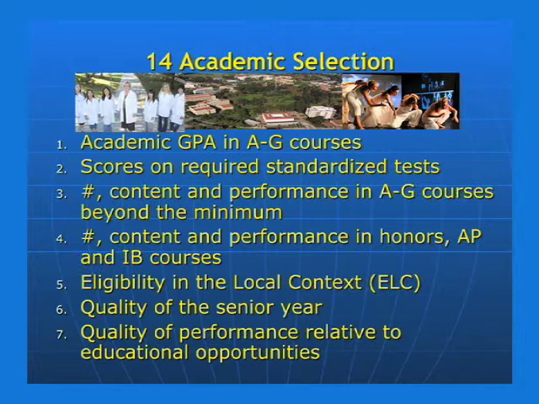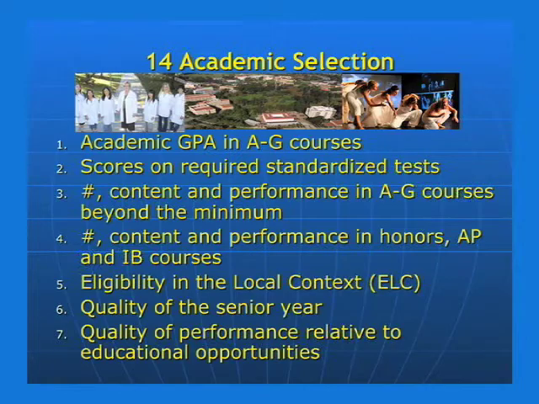This will indicate the student's rigor and if the student has truly challenged themselves academically. Keep in mind here that we are also looking at applicable test scores on AP or IB exams that the student has either passed or will be taking in their senior year. 5, eligibility in the local context, or ELC, which is the top 4% of the graduating high school class.